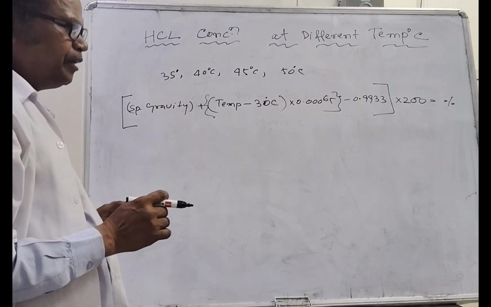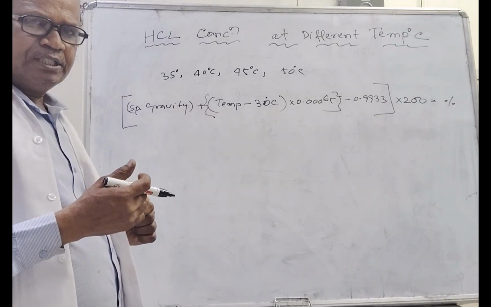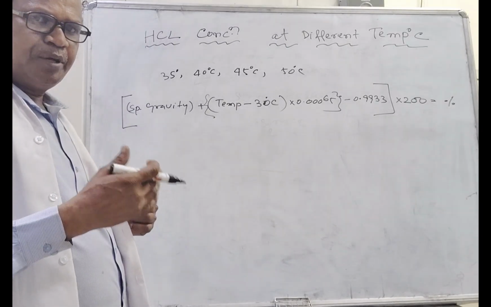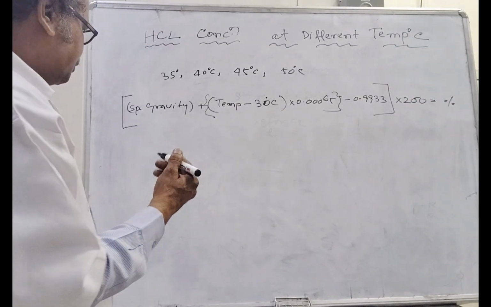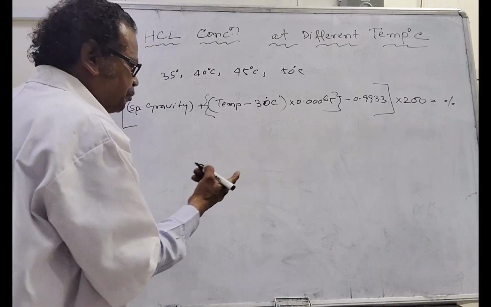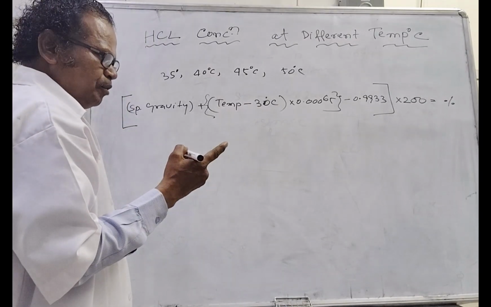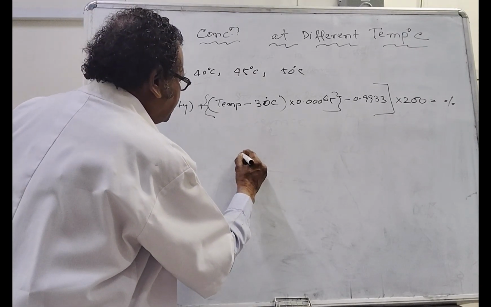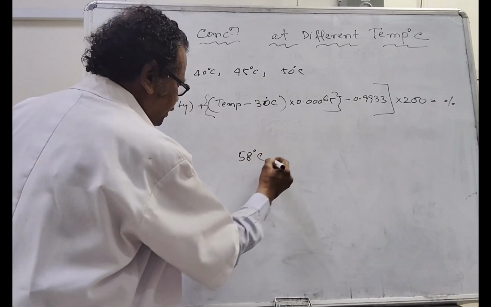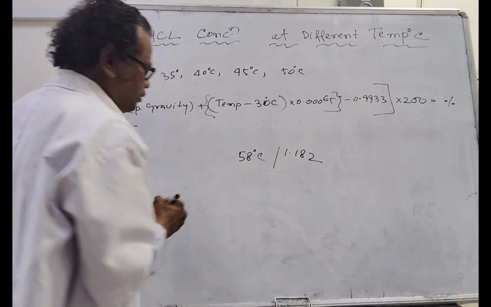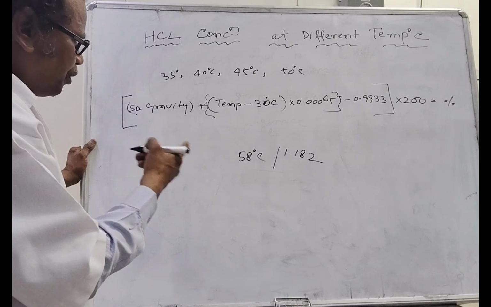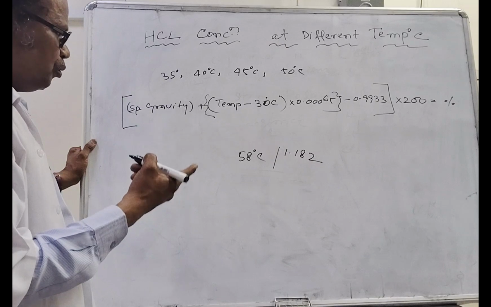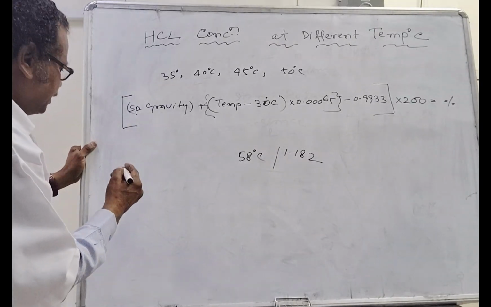Second, we can easily find out the GPL of the NaCl brine in our brine section. Suppose the temperature of the sodium chloride brine is 50 degree centigrade against 1.182 density. How can we find out the GPL of the brine without reference to the chart? It is a formula.